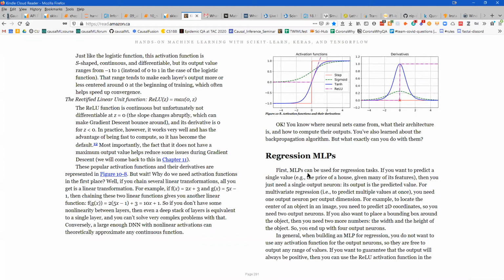So he points out regression. In supervised machine learning, there are two kinds of tasks. One is where you're trying to classify things, label them with a series of classes, or maybe more than one class. There are cases where things can have more than one label.